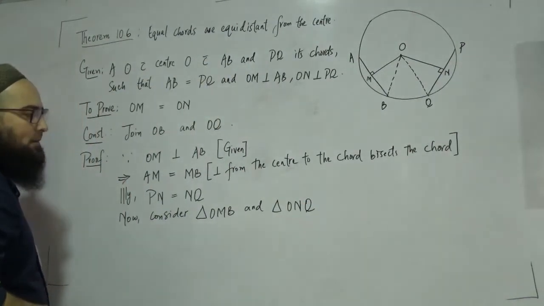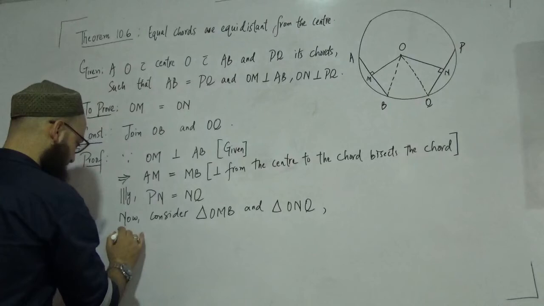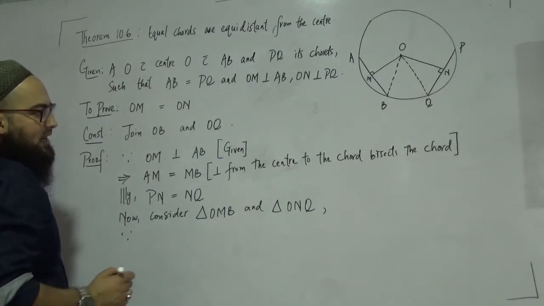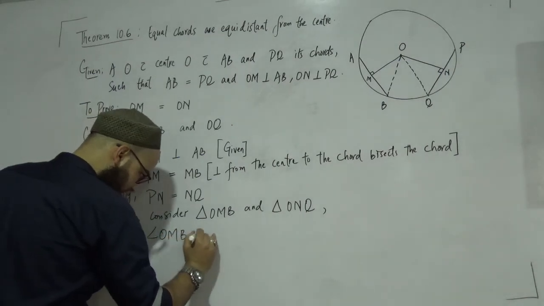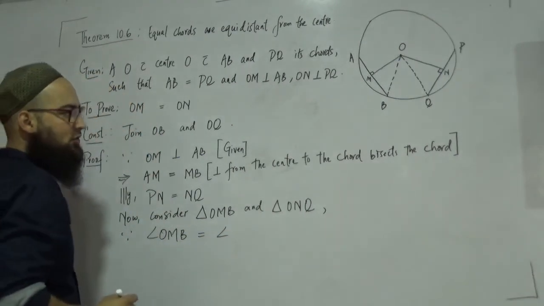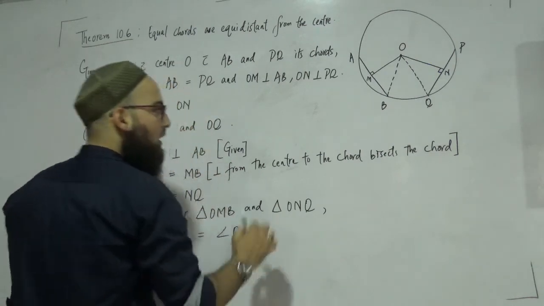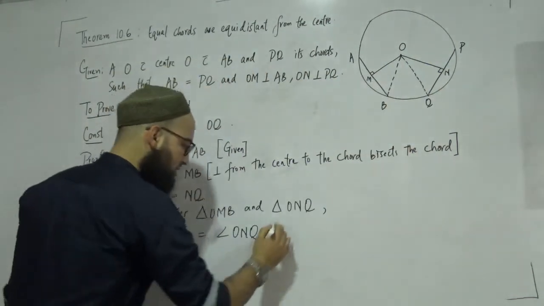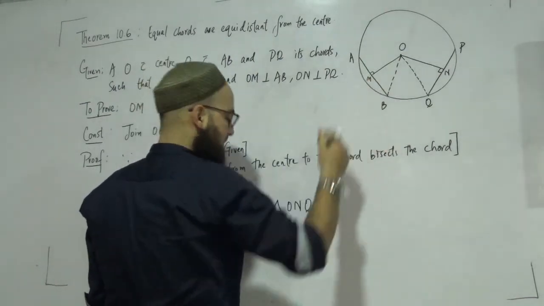Since angle OMB is equal to angle ONQ, this angle is equal to this angle, each 90 degrees, because both are formed by the perpendicular.